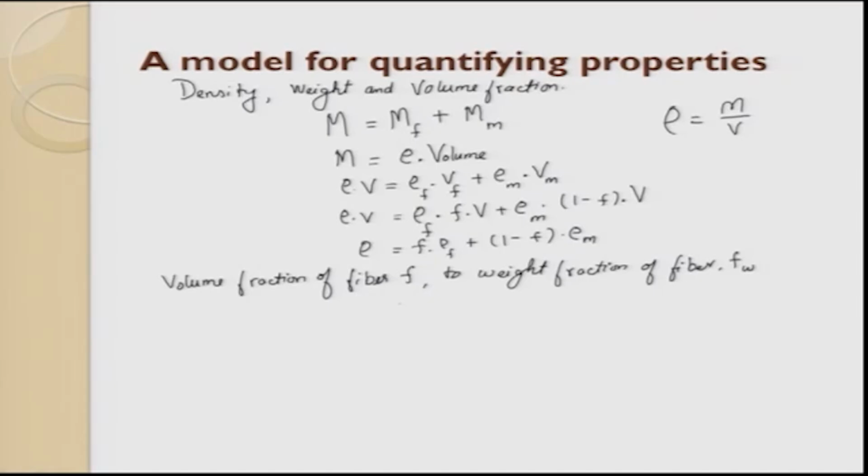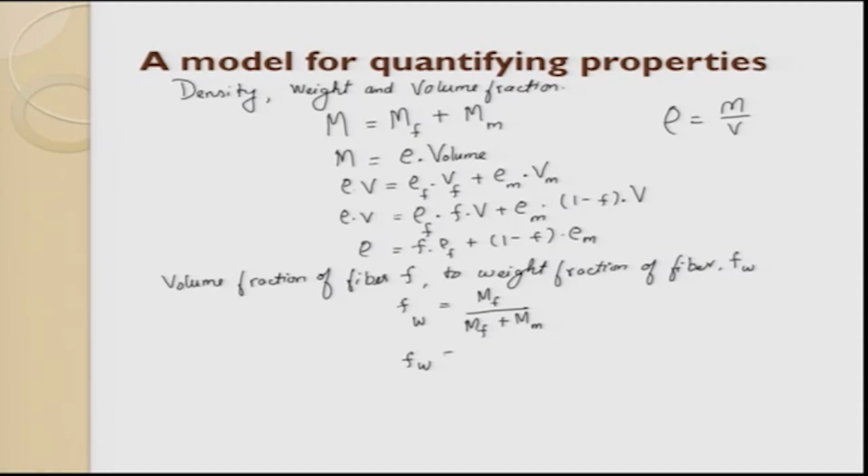So this can be expressed as F of W equal to the mass of the fiber divided by the mass of the fiber plus the mass of the matrix.